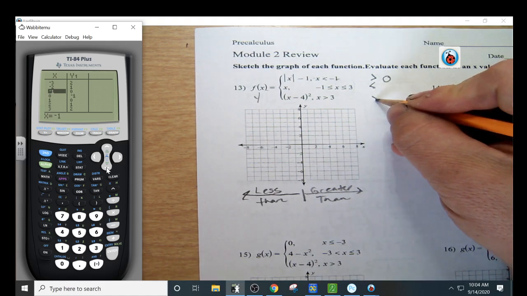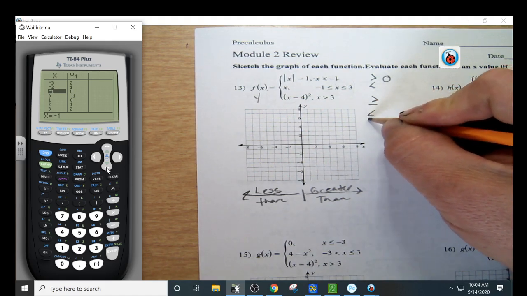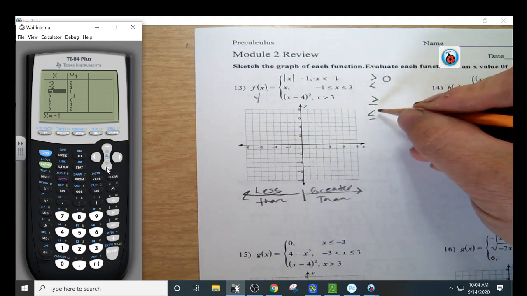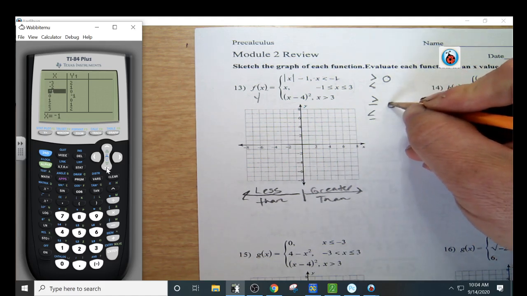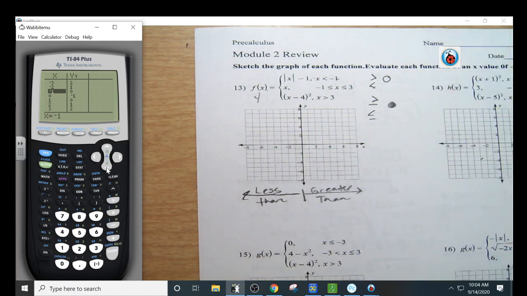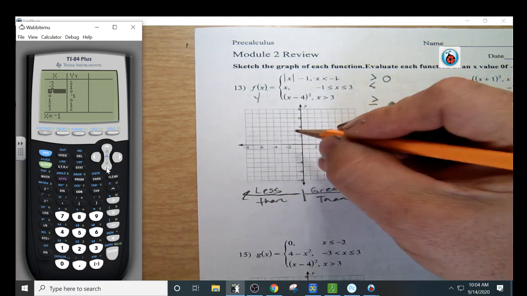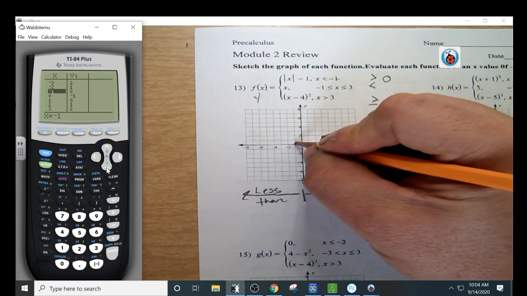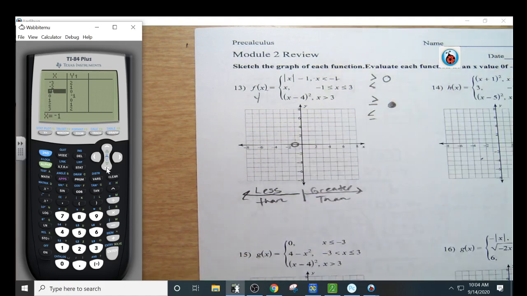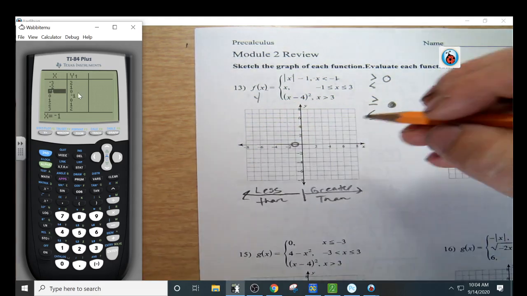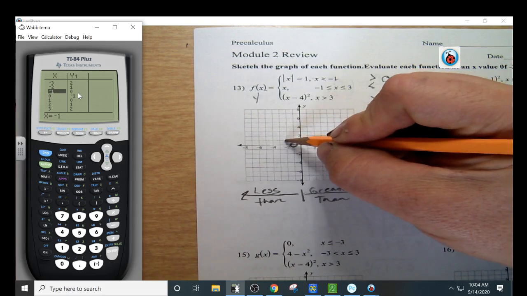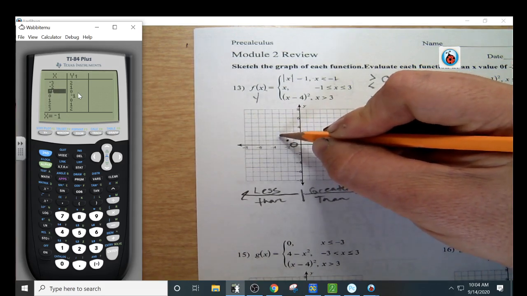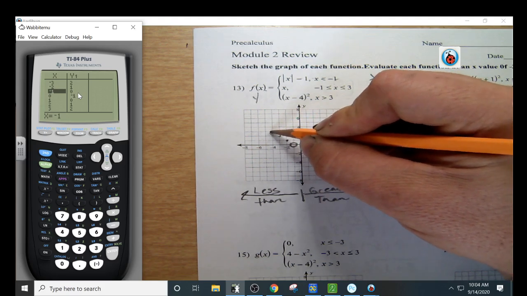If you've got one that's greater than or equal to or less than or equal to, the only difference is the equal to, and it's going to be a solid colored-in dot. So on this particular one, at -1, 0, that's going to be an open circle. I got that off my table here. So the next ones are -2, 1; -3, 2; -4, 3.